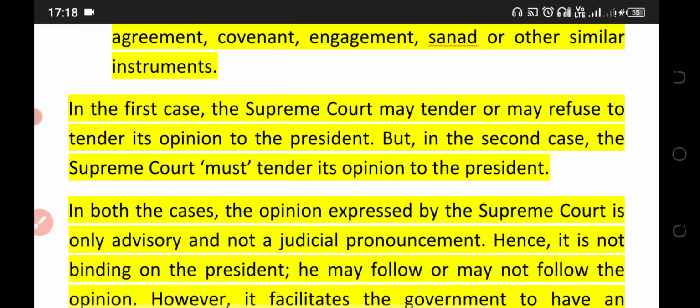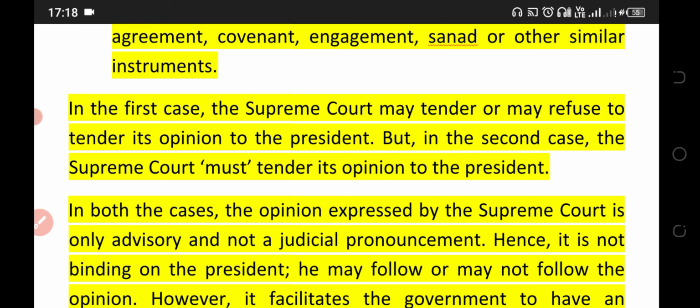In the first case, the Supreme Court may tender or may refuse to tender its opinion to the President. But in the second case, the Supreme Court must tender its opinion to the President.